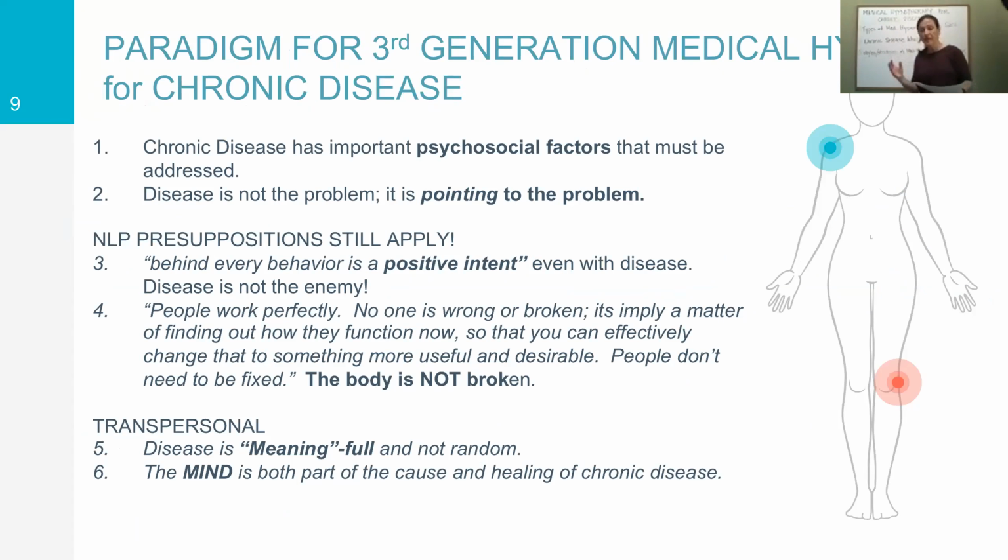Our main paradigm under which we're going to work in the next 12 weeks, and I want to invite you guys to just expand and play with this possibility for the next 12 weeks, is what we just addressed before. Chronic disease has a very important psychosocial factor that has to be addressed. All chronic diseases.